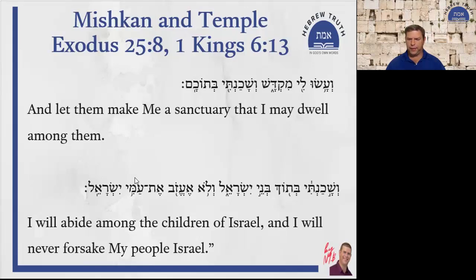Right. You're right that we can see that the accent is on the penultimate syllable in the first word, and hence Ve-asu li mikdash ve-shakhanti betocham. And the reason for that is the moving of the accent in order to prevent a sequence of two accents. So to be specific in regular terms, if you just have the word Ve-asu, you know what?